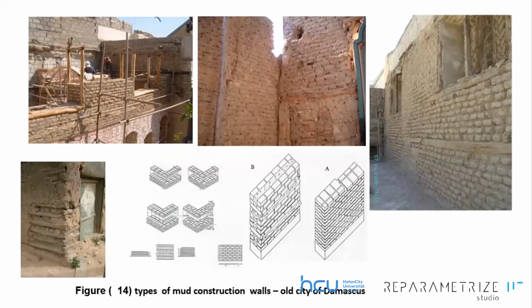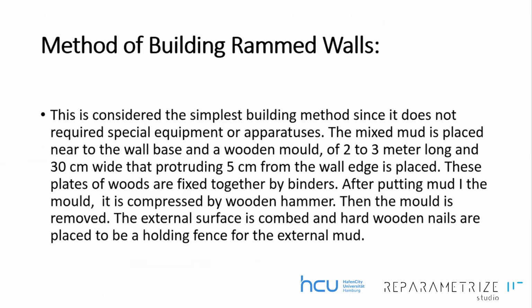And you can see also the wooden frame around the windows. That means this traditional way is very important, and the people here have a lot of experience when they build the traditional building.